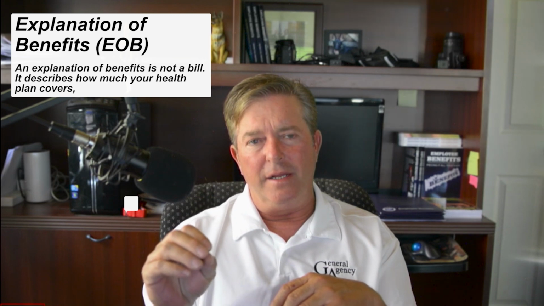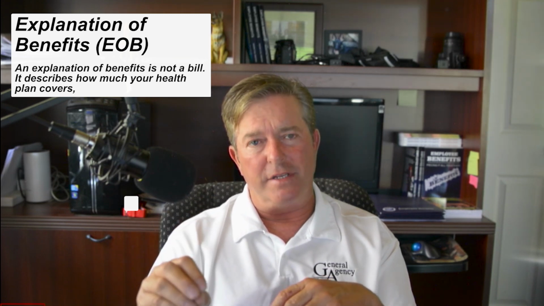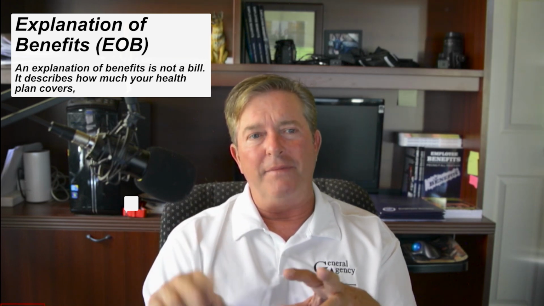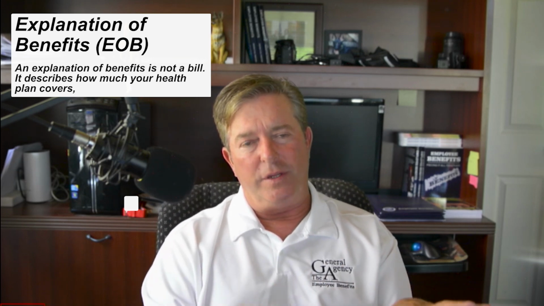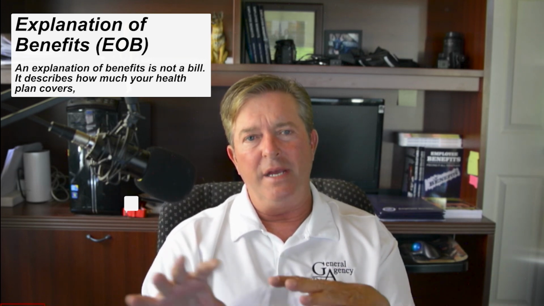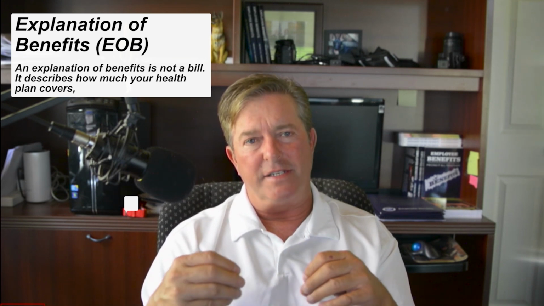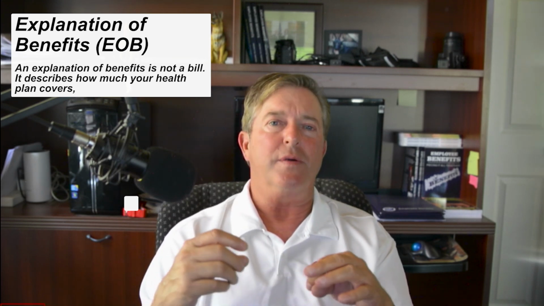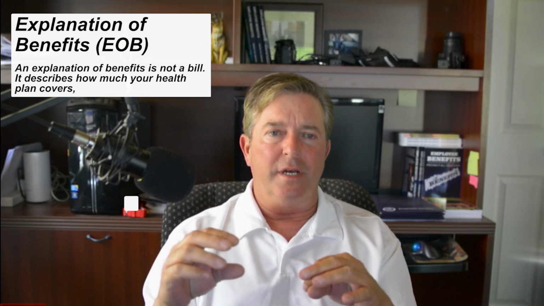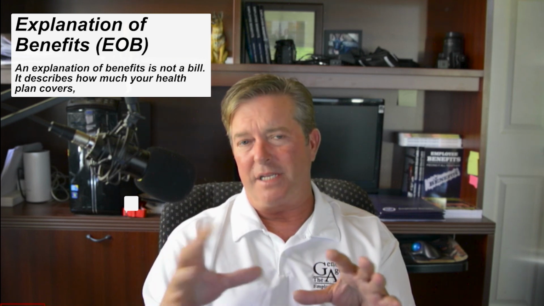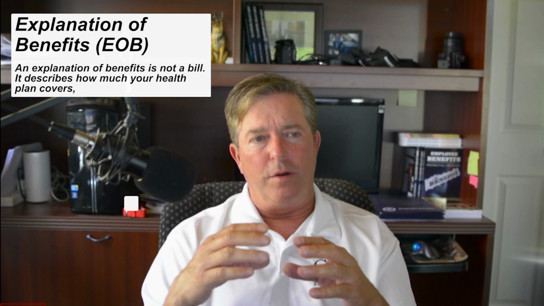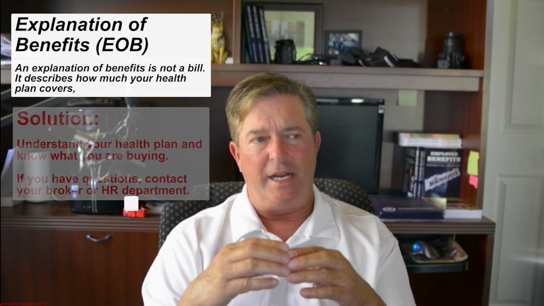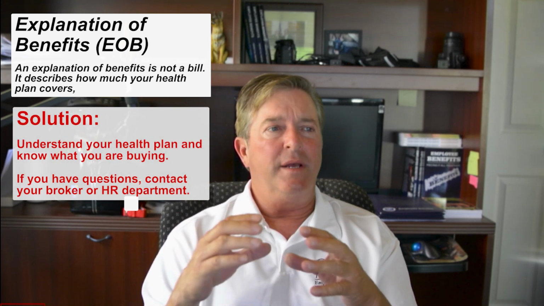But if the doctor is doing treatment in the office, let's say they're stitching a finger, that's a surgical procedure and it's classified as treatment. Sometimes, even though you're at the doctor's office and you paid your copay, the claim may come back as deductible and coinsurance because the doctor is providing a treatment to you, basically a surgical procedure, and that's going to fall under your deductible. So make sure you understand your plan and understand how that explanation of benefit works.